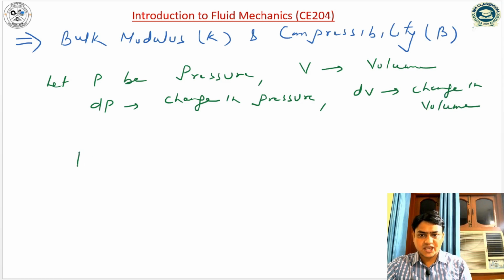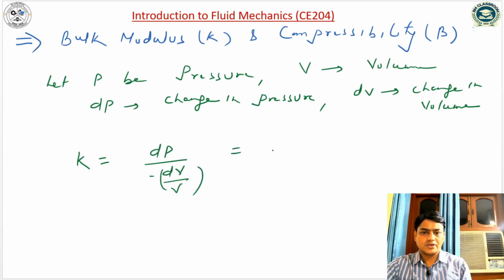So the bulk modulus can be written as dP divided by minus dV by V, that is K = minus dP divided by dV by V. So this is the bulk modulus.